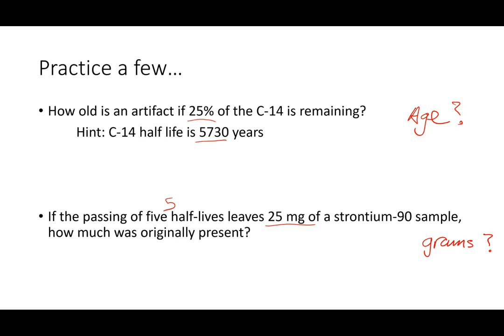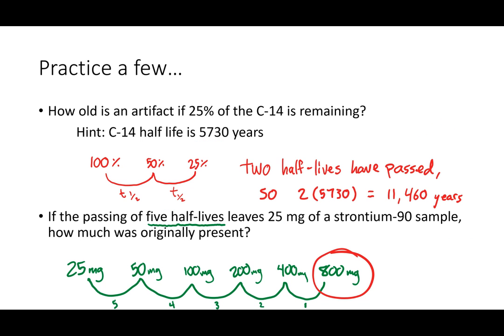Okay, hopefully you gave that a try. Let's go over the answers here. So, how old is an artifact if 25% of the carbon-14 is remaining? 25%, this is the key part here. If you start with 100% of something, and then you divide it in half, you'll have 50%, and if you divide it in half again, you'll have 25%, correct?